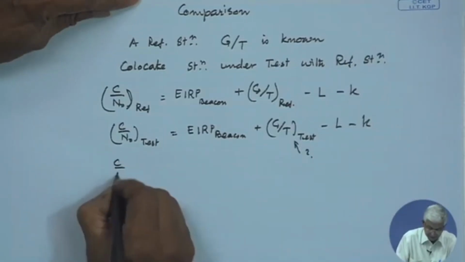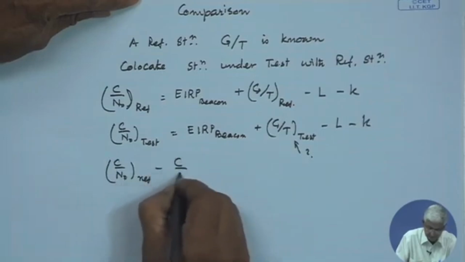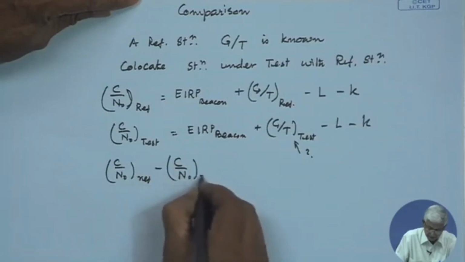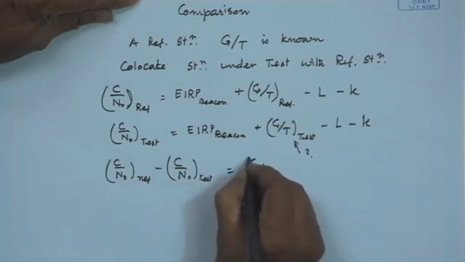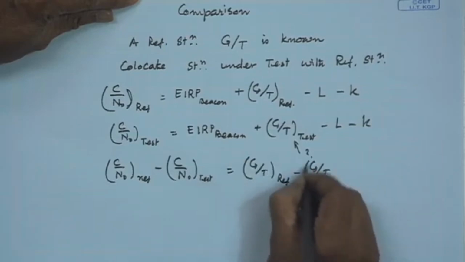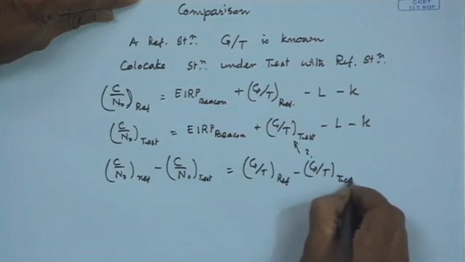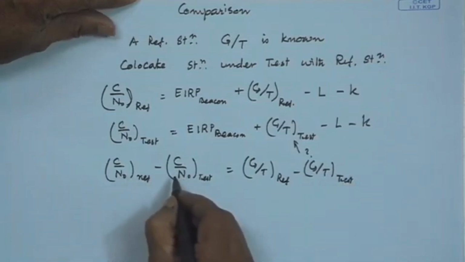So, C by N naught of the reference station minus C by N naught of the test system is equal to G by T of reference station minus G by T of the test system. These two are measured, this delta C by N is measured.